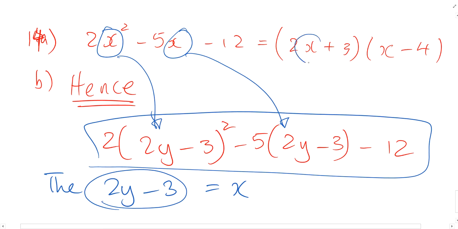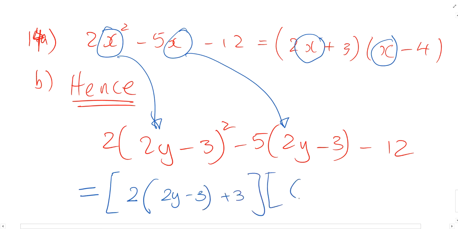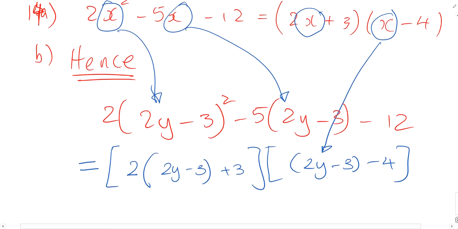It's just that all the x you change to 2y minus 3. So this will be equivalent to (2(2y minus 3) plus 3)(x, again, change it to 2y minus 3, minus 4). Understand? Now these two are equivalent.